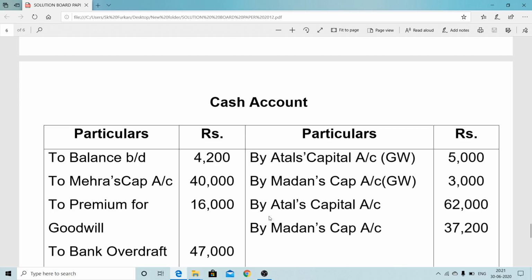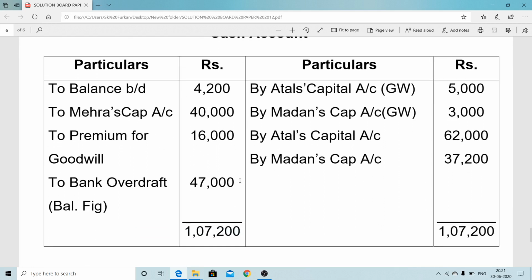Now they want to decrease their capital. For that purpose, Atul has withdrawn 62,000, Madan has withdrawn 37,200. So this withdrawn part is more. From the cash balance it is coming negative. Here, if the debit side is greater, then you write by balance sheet, and at that time cash will be positive.